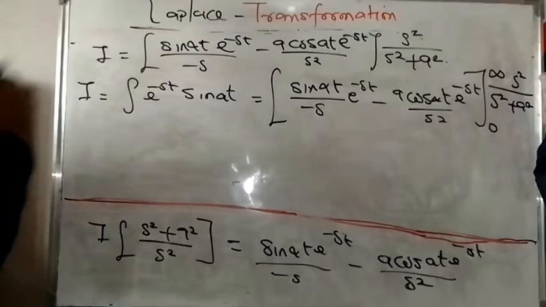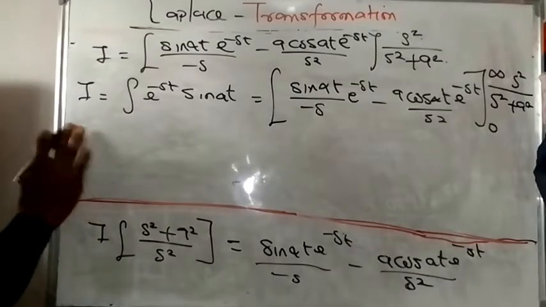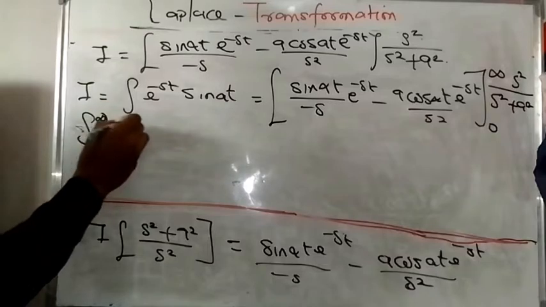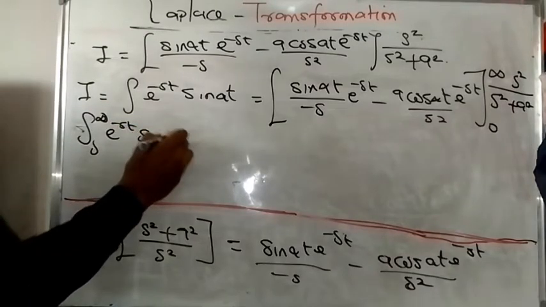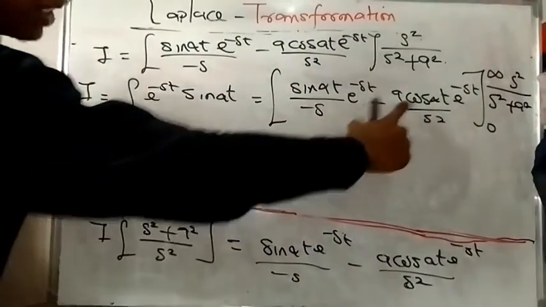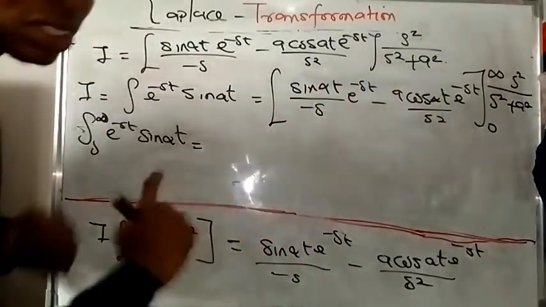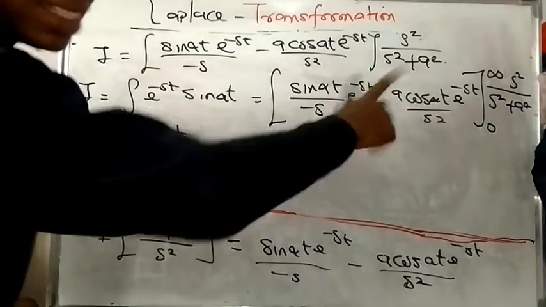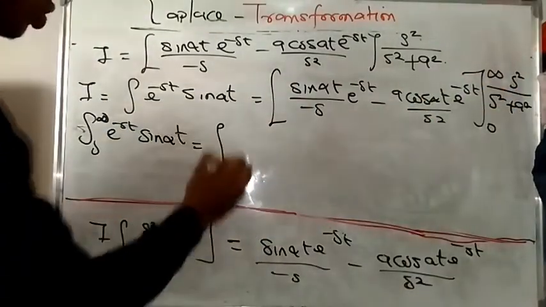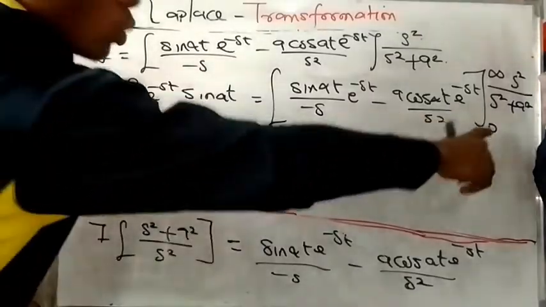So the integral from 0 to infinity of exponential minus st sine at is equal to: when t tends to infinity, everything becomes 0, so 0 minus 0 is 0. Then we take 0 minus, when t tends to 0.